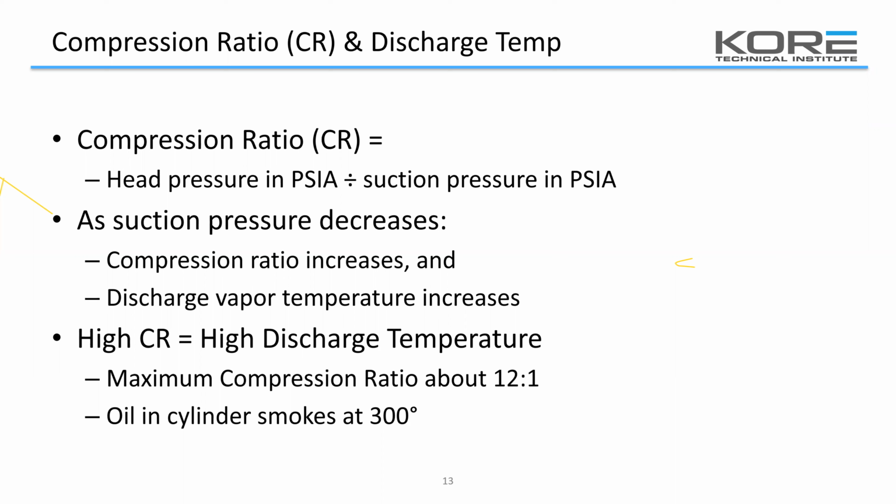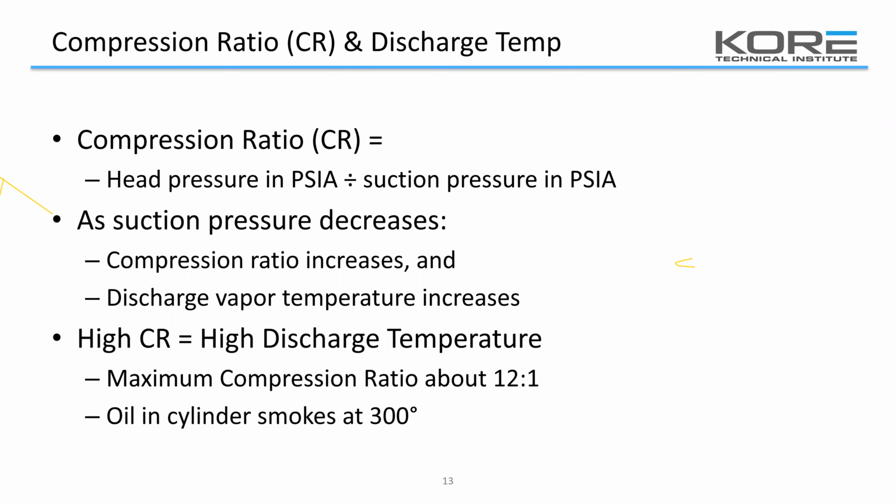Now that's assuming that the discharge pressure is staying relatively steady, so that if the discharge pressure drops relative to the suction pressure, obviously your compression ratio stays kind of the same. But in this scenario, we're going to assume that the discharge pressure is staying relatively close to saturated condensing because the load that happens to be changing is on the suction side and not on the discharge side. So as our compression ratio increases, the discharge vapor temperatures are going to increase.